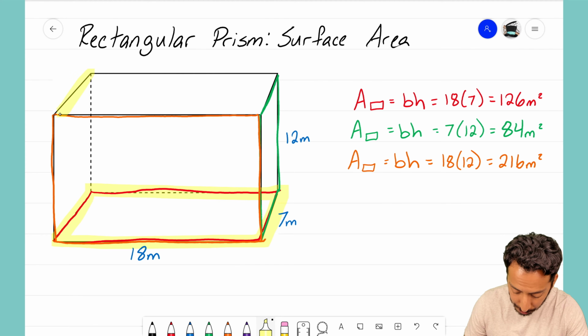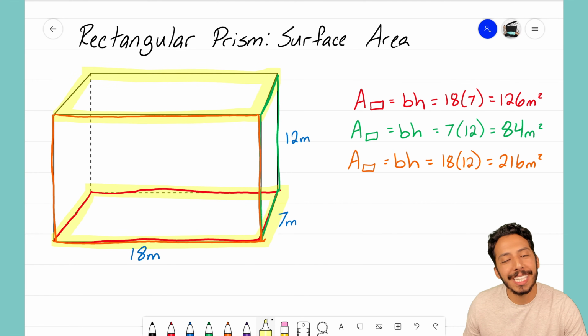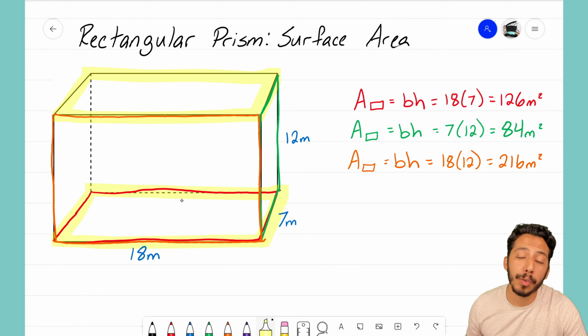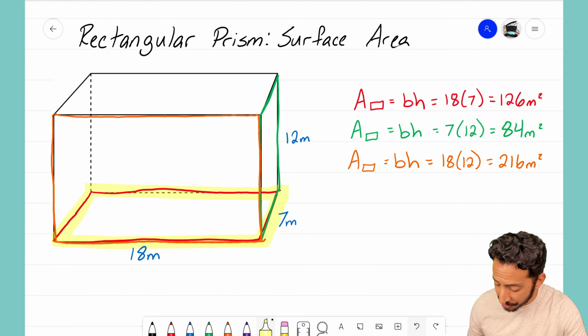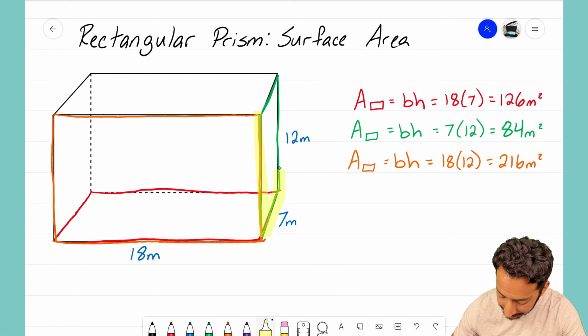It's actually the same rectangle as the one at the top. So I don't really need to go through the formula again to find the area for this top rectangle when I know it already matches the bottom rectangle. They are both 126 square meters. The same can be said about the right side here.